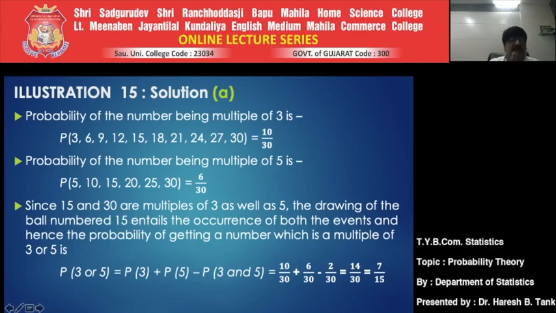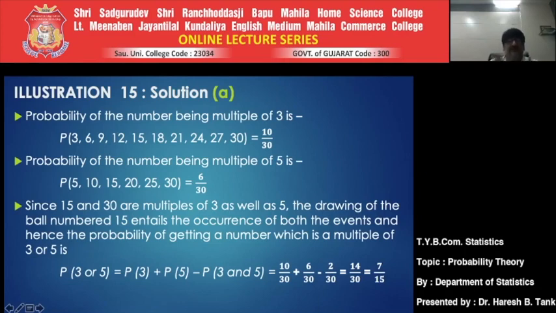Since 15 and 30 are multiples of 3 as well as 5, the drawing of ball number 15 entails the occurrence of both the events, and hence the probability of getting a number which is a multiple of 3 or 5 is, again, the connector is or, it means union. Union means it is probability of 3 plus probability of 5 minus probability of 3 and 5.